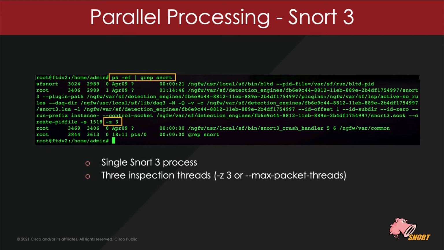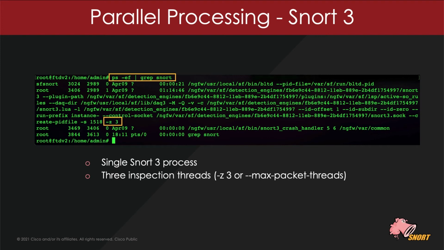Now, keep in mind, this load balancing still load balances the flow across a single packet thread. So there may be one control thread and multiple packet threads, but those multiple packet threads' flows are still load balanced across them the same way they were in Snort 2. So a single flow is still going to go to a single packet thread.